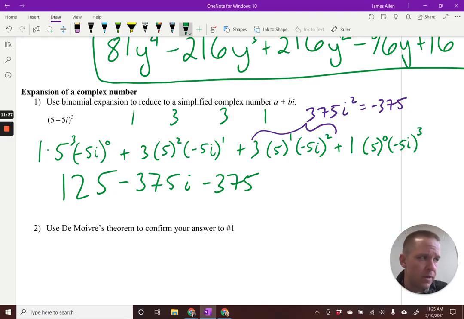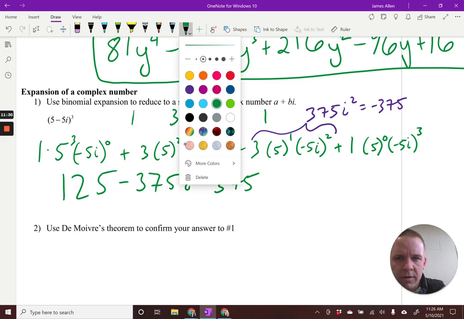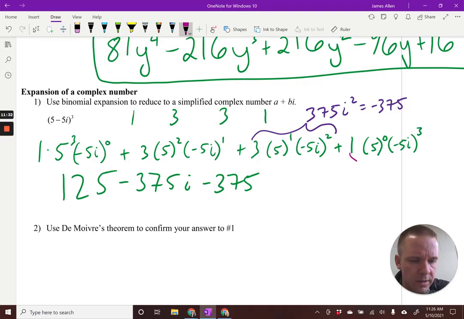i to the third. So I think we want to do another, sorry for the pause there. Let's evaluate this one all together here. We're going to have negative 125 i to the third, just so we're not doing too much in our heads. That's like i squared times i. So negative 1 times negative 125 would end up being positive 125 and then an i, right?